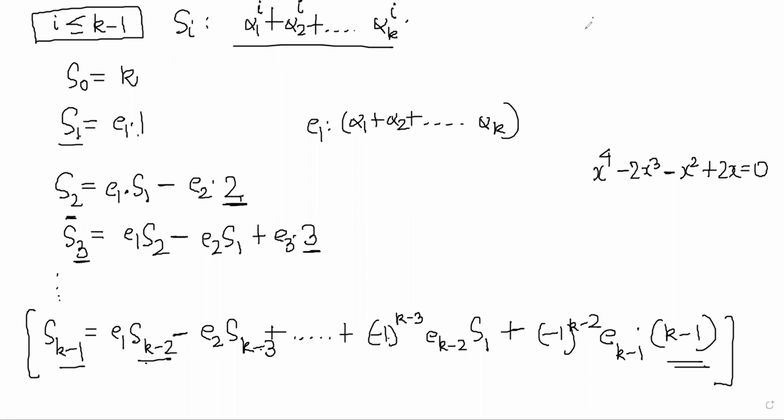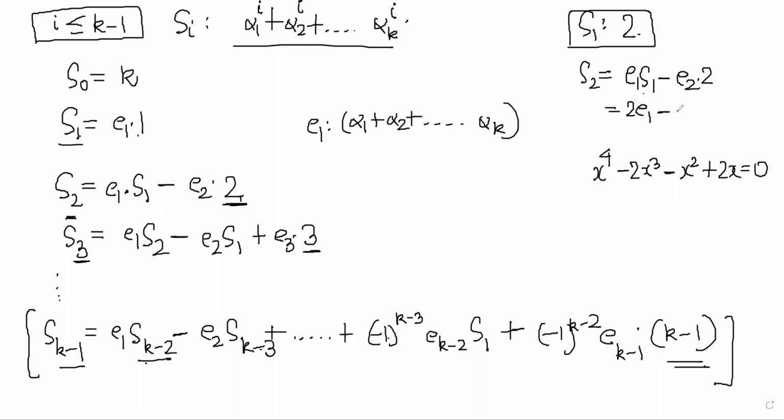We already know S1 actually, there is no need to worry. S1 is minus minus 2, so S1 is 2. And S2, let's check whether that is coming. S2 is equal to E1 S1 minus E2 into 2. What is S1? S1 is 2, so 2 E1 minus 2 E2. Now E1 is the symmetric polynomial taking one at a time.